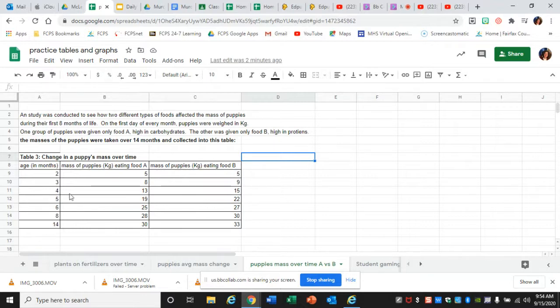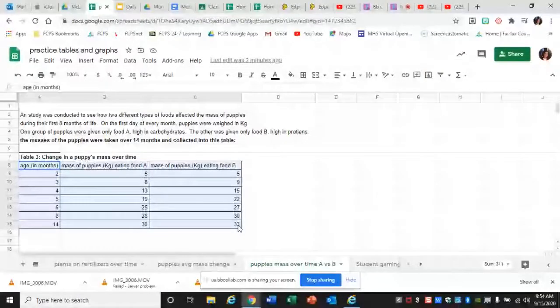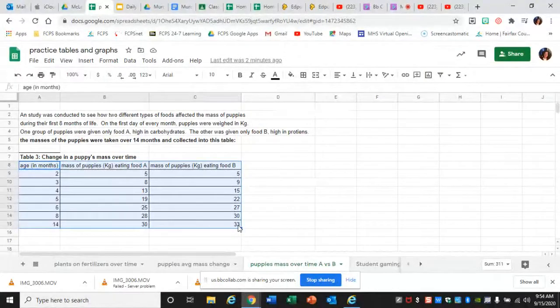So you're going to click on age in months and highlight the top titles of the data and then drag down and highlight all of the data beneath them. Now the information that you want the computer to graph is highlighted. Notice I didn't highlight the title of the table, but I did highlight the labels of each column.